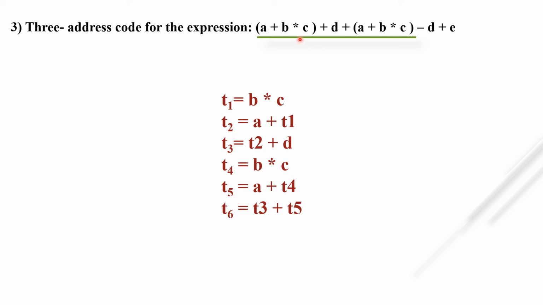The answer of this whole expression will be subtracted with D. So what is our T7? T7 equal to T6 minus D. And the answer of this sub expression will be stored in T7. So what is our T8? T8 equal to T7 plus E.